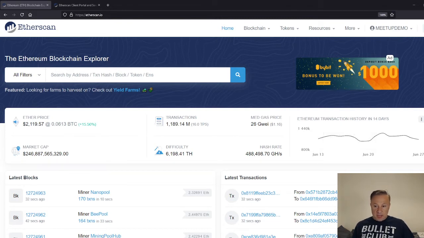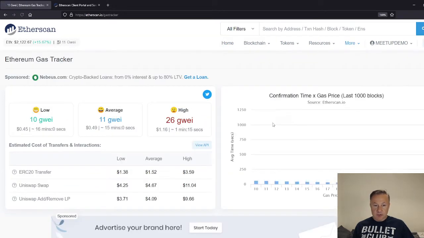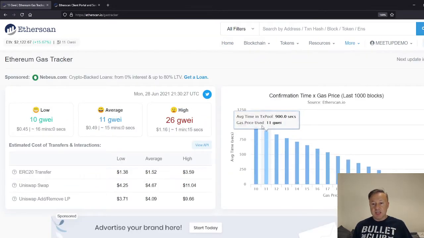So if we take a quick look at the gas price, this is quite interesting. This gives you the current price the gas will be, and you can see on there it's quite cheap at the moment by comparison to maybe a couple of months ago. And you can see the cost of different types of transactions as well.